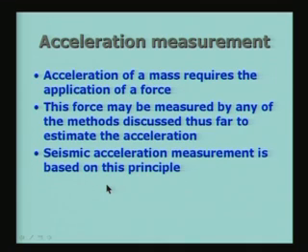When we are talking about mass and force, the obvious thing to talk about is also the acceleration. The measurement of acceleration is, as I said earlier, very important in many applications, and a few of them we have already gone through. It is based on Newton's law of motion, which says that force is equal to mass times acceleration.